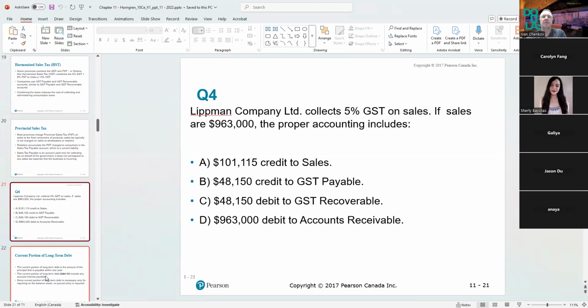Let's go with the journal entry. When we have sales, what do we have? Debit cash, credit sales revenue, and credit GST payable.